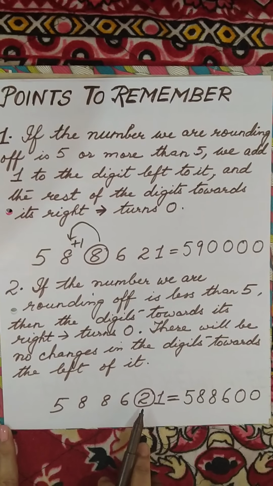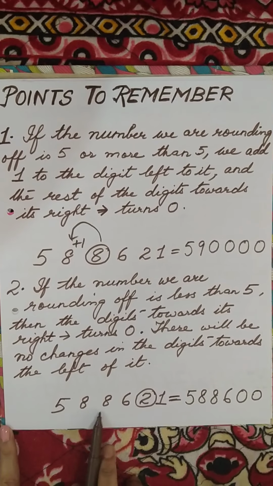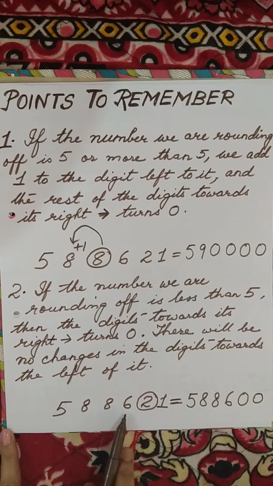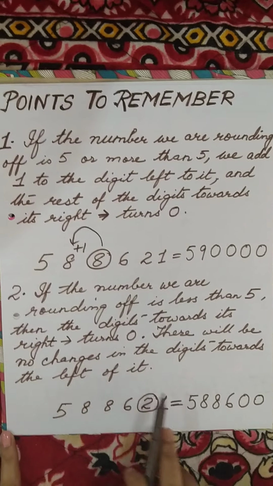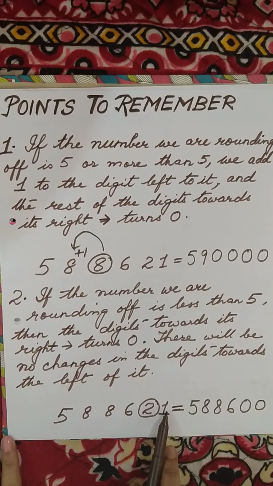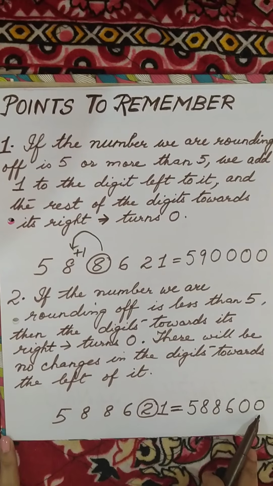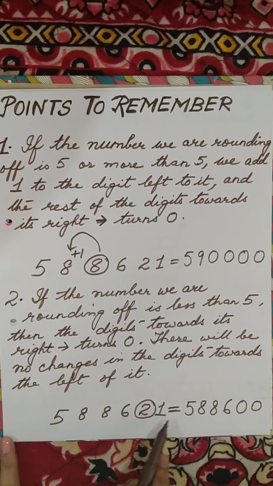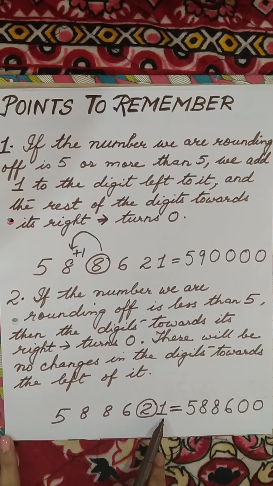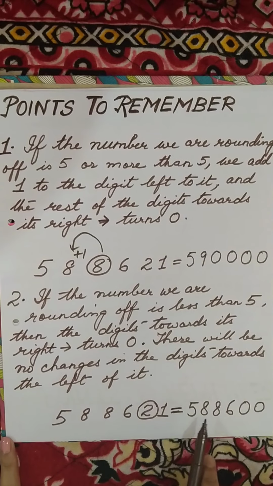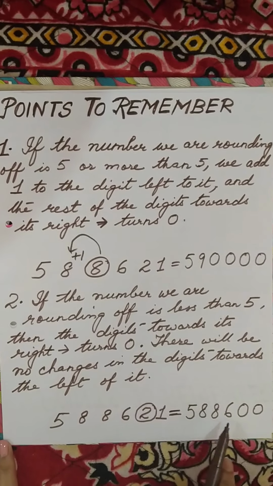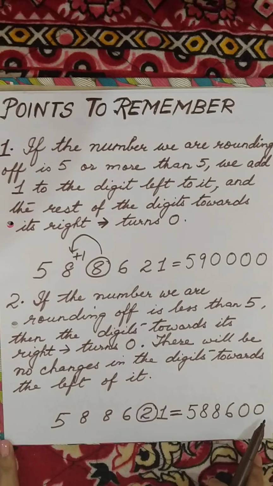Therefore, according to the rule, all the digits at the left of it remains the same, but 2 and 1 turns to 0. So after rounding off, this number can be written as 588600.